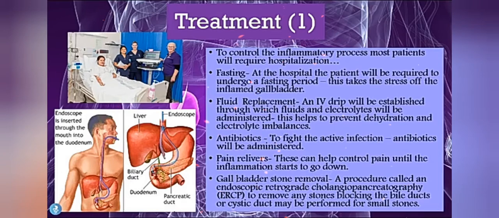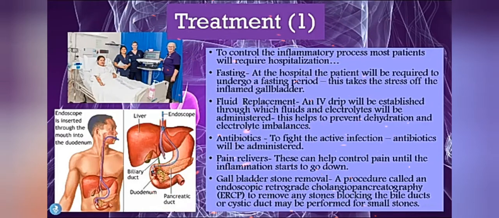So we have the inflammation and infection, and we will have to treat this with antibiotics. The antibiotics here can be used to fight the active infection. We can also give the patient pain relievers, and this can help control the pain until the inflammation starts to go down.